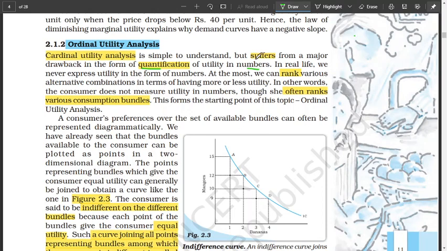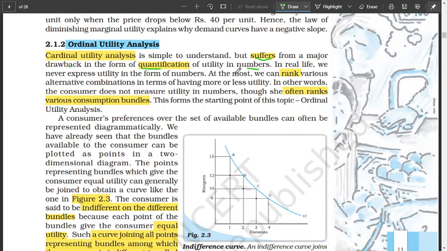By doing so, that analysis has suffered major drawbacks. It has its limitation because in real life we don't give numbers to our satisfaction.